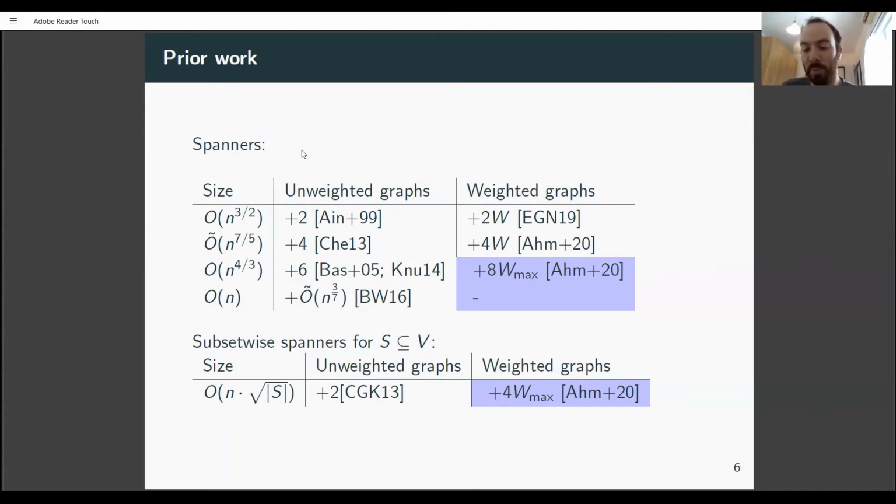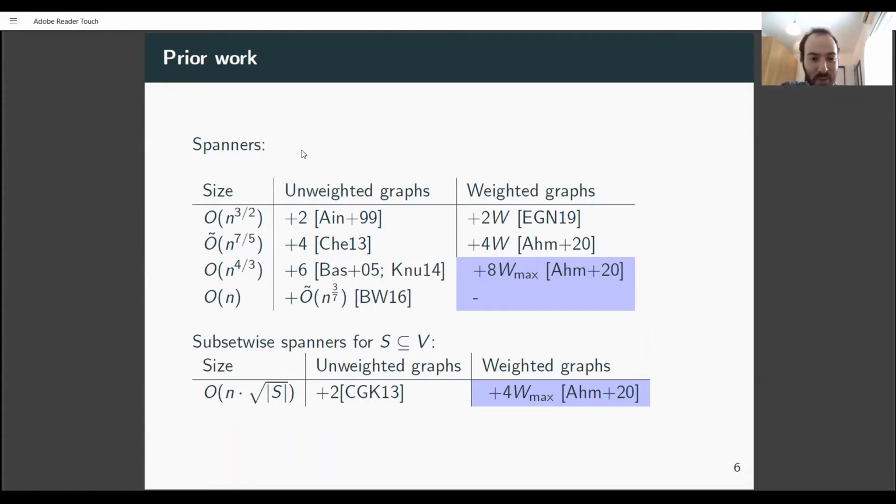The +6 spanner is a different story, as the only construction with the same size is +8 W max, which uses the inferior W max and is +8 and not +6, as we would want.